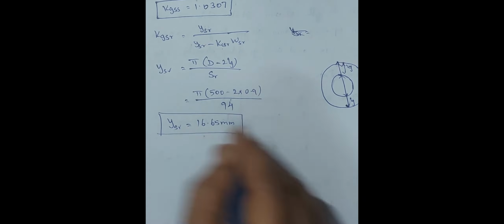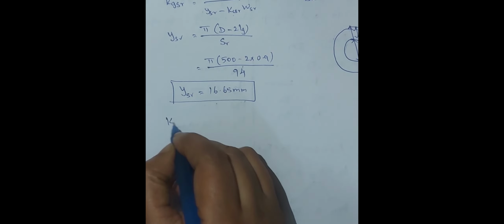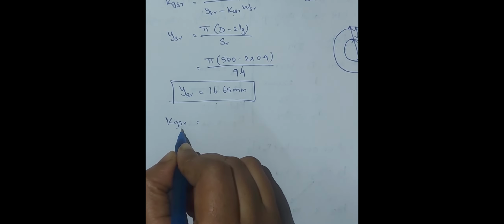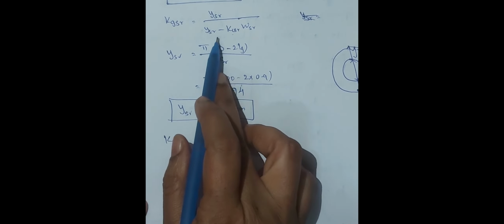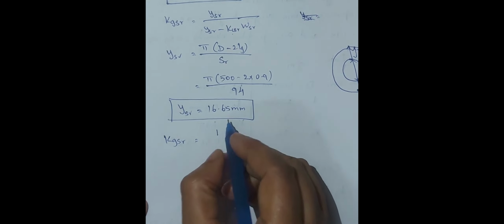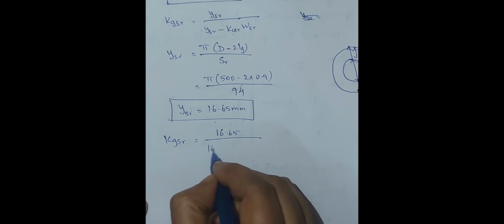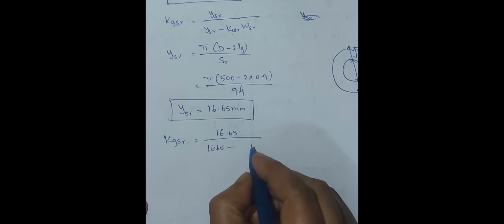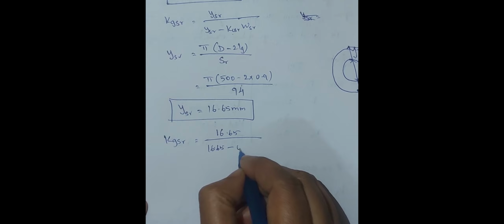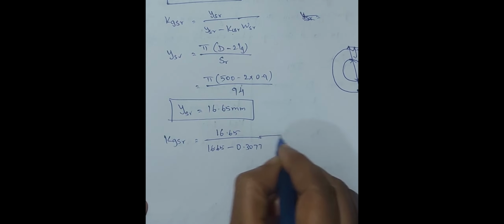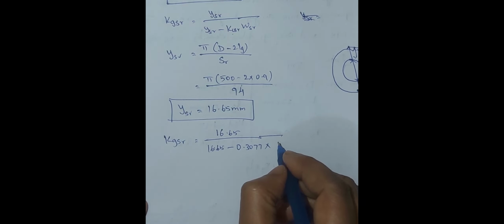So YSR is known, substitute in this KGSR. KGSR, the gap contraction factor for rotor slots, is equal to the formula we know, YSR divided by YSR minus. Just substitute, everything is mm, so no need to worry. 16.65 divided by 16.65 minus KCSR value 0.3077 multiplied by the width of the rotor slot, which is also 2 mm only.